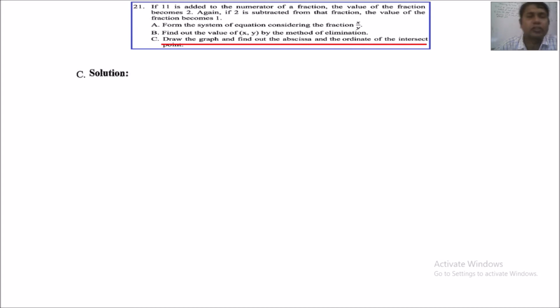So here question number C, from A we get x minus 2y equal to minus 11, that is equation number 1, and x minus y equal to minus 2, that is our equation number 2.